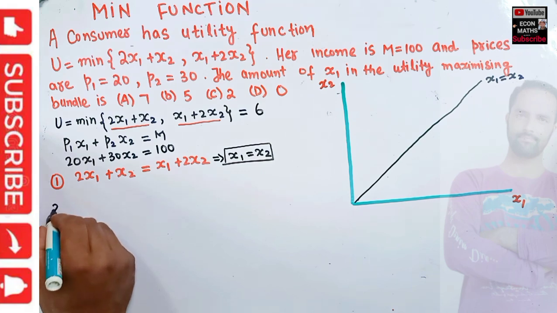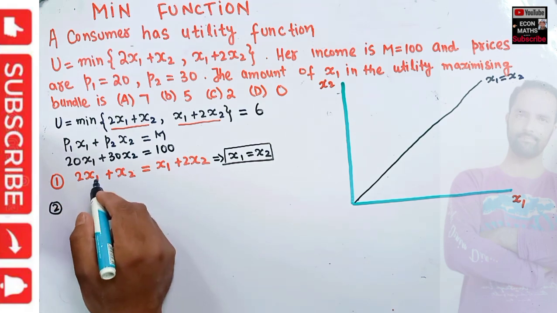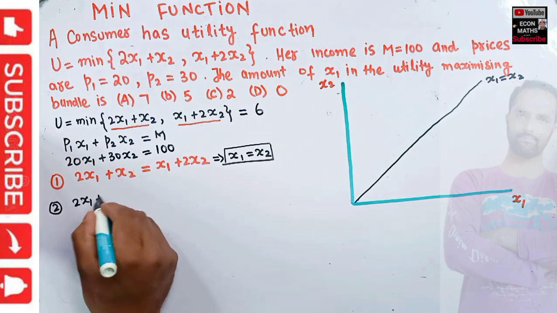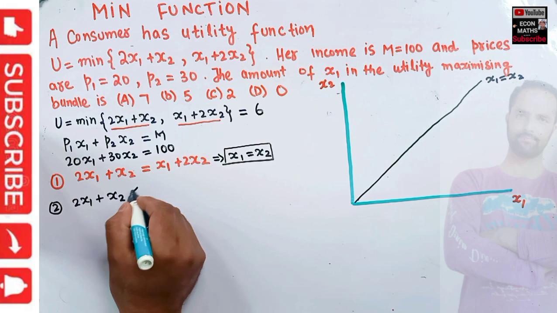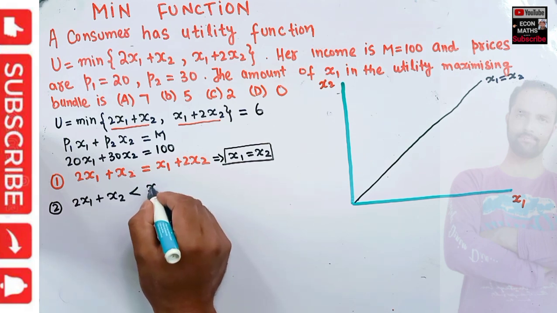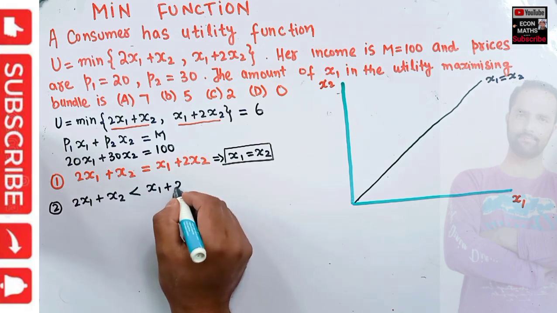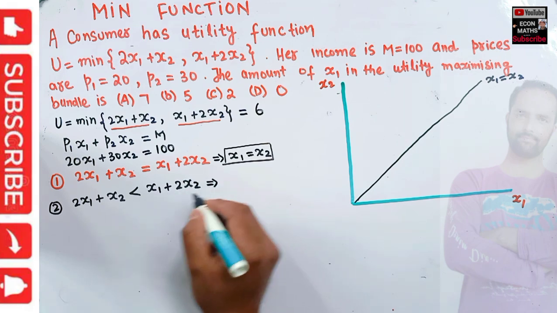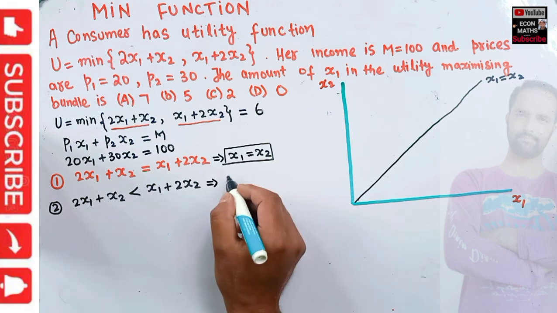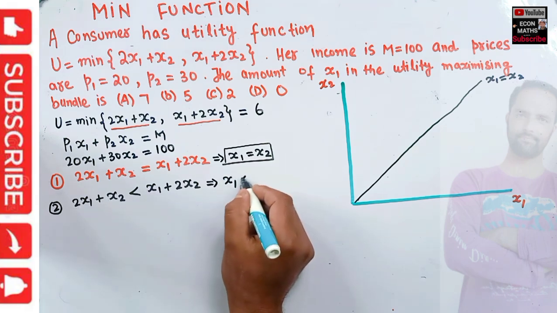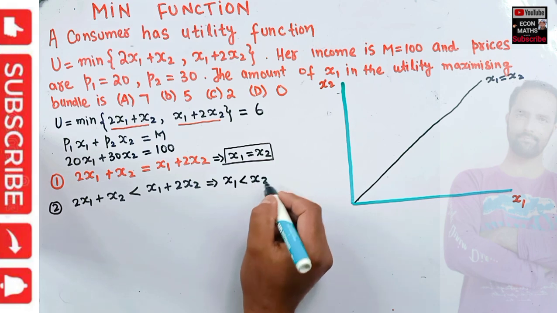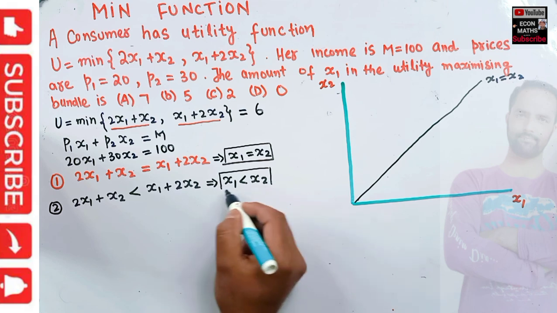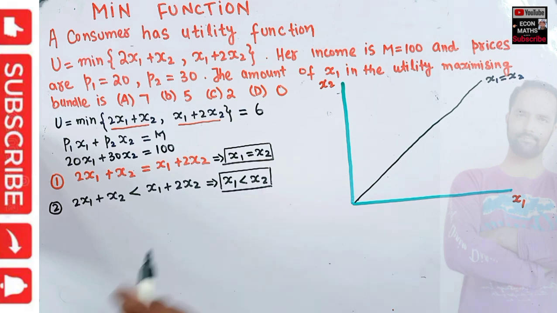The next case is where 2x1 plus x2 is less than x1 plus 2x2. When we solve this inequality, transposing terms, we get x1 is less than x2. If this is the case, what will our utility be?